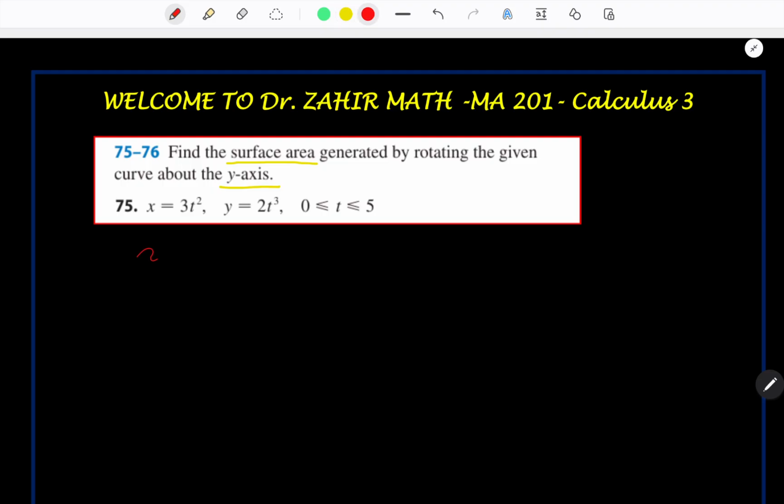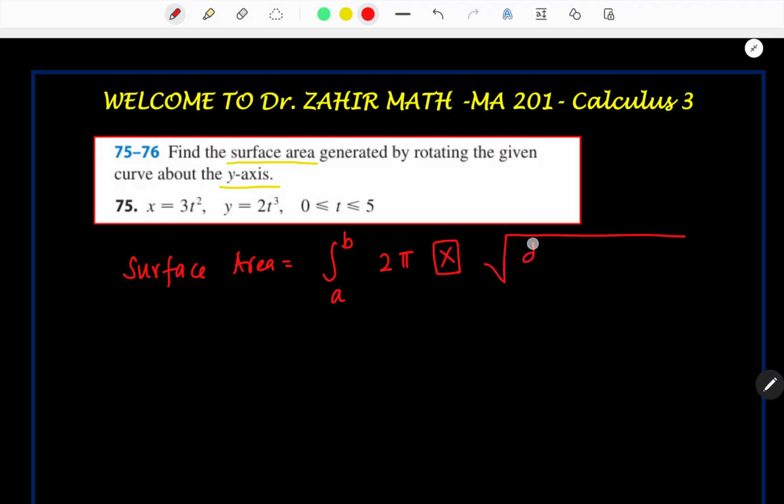Surface area is equal to the integral from a to b of 2 pi x times the square root of (dx divided by dt) the whole square plus (dy by dt) the whole square, into dt. I told you if it is the y-axis, you will get 2 pi x. Clear? Right. So we want dx by dt, we want dy by dt.